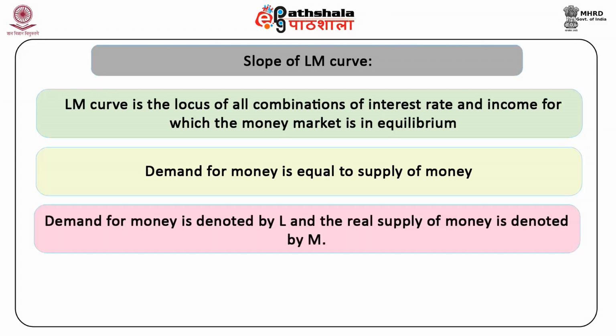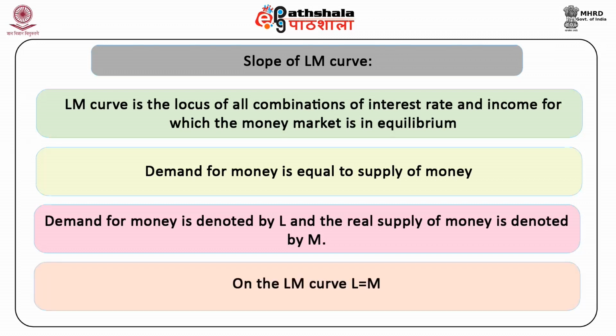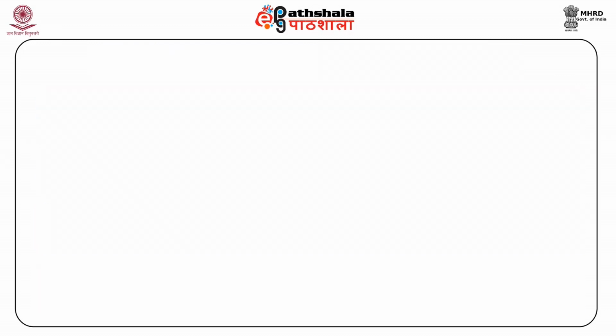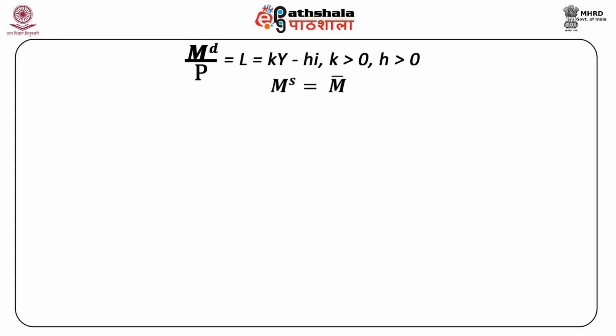The demand for money is denoted by capital L and the real supply of money is denoted by capital M. Hence, on the LM curve, capital L is equal to capital M. That is, money demand divided by P is equal to capital L is equal to KY minus HI, where K is greater than 0, H is greater than 0. Money supply is equal to M bar.